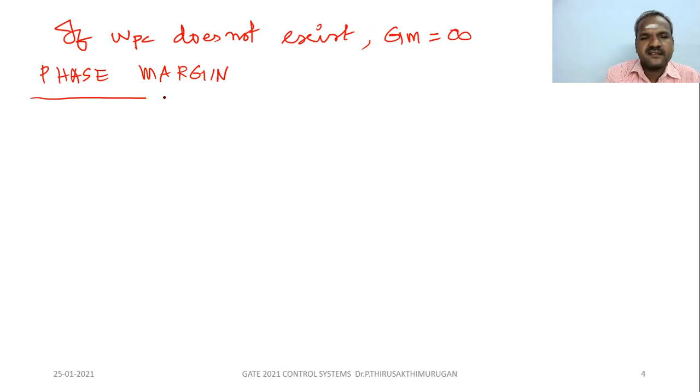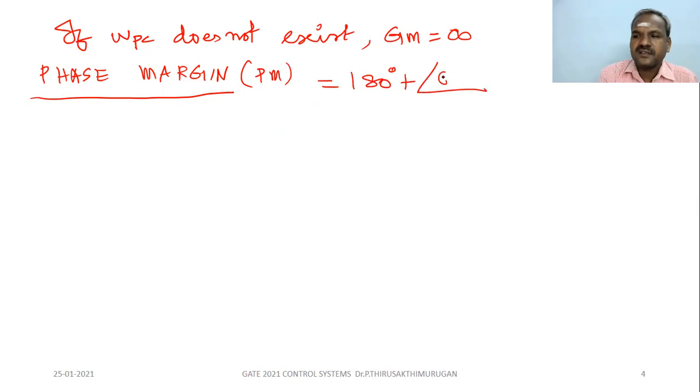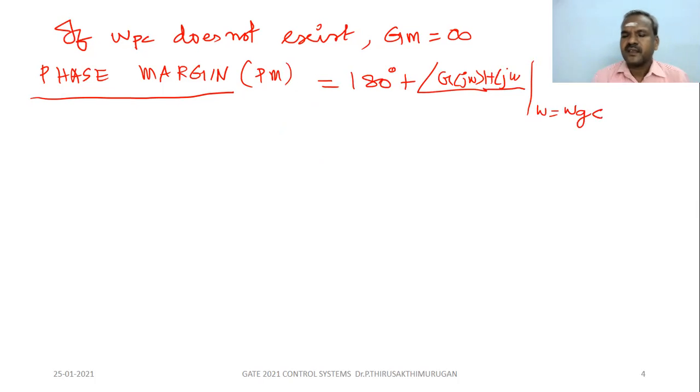Phase margin is equal to 180 degrees plus the phase angle of G(jω)H(jω) at ω equal to ω_gc. So phase margin equals 180 plus the phase angle of G(jω)H(jω) when ω equals ω_gc.